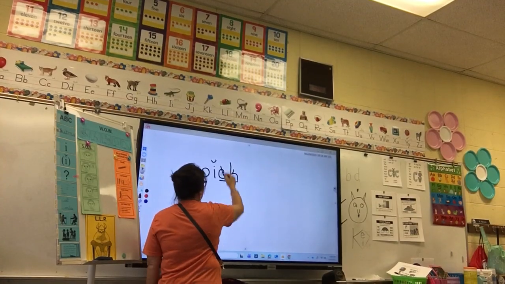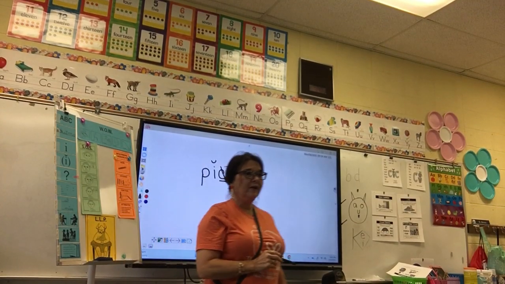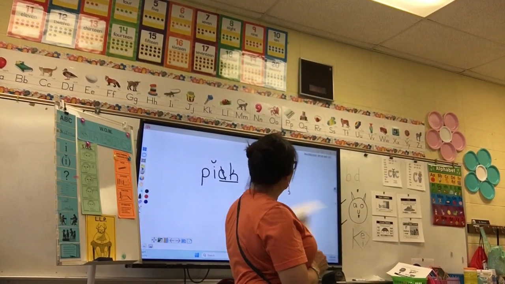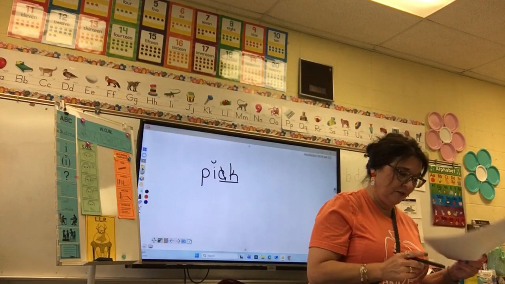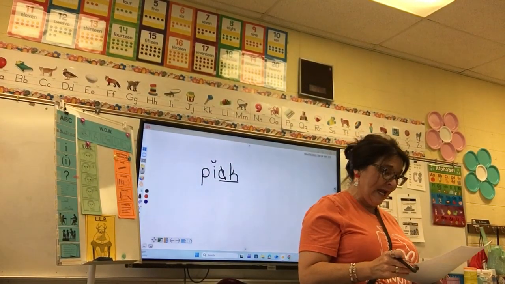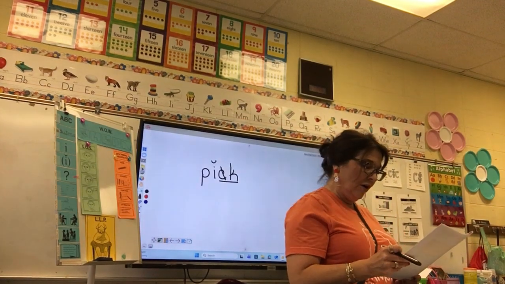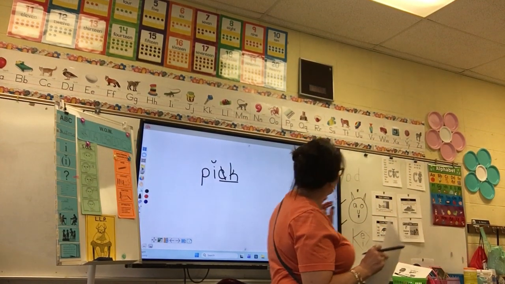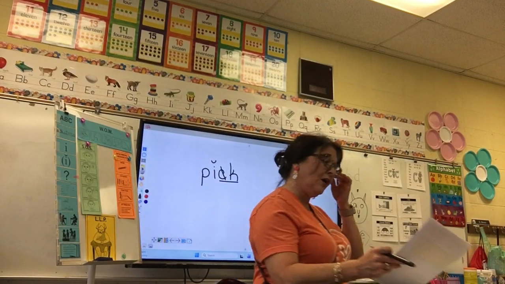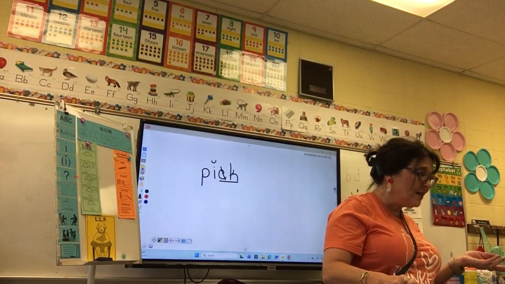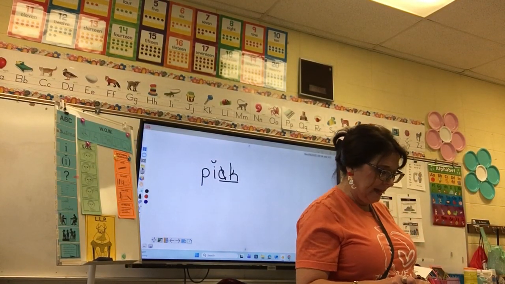And what do we call that CK again? A digraph. Very good. Yes, exactly right. We call that a digraph. Okay. Did we read the word? What is that word? Pick. Okay. So you should always pick up your toys when you finish playing.